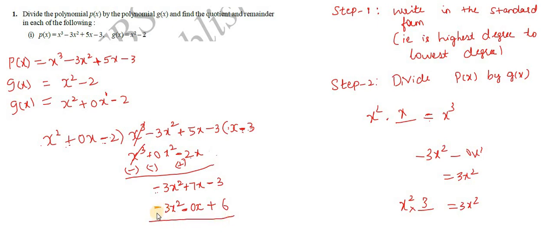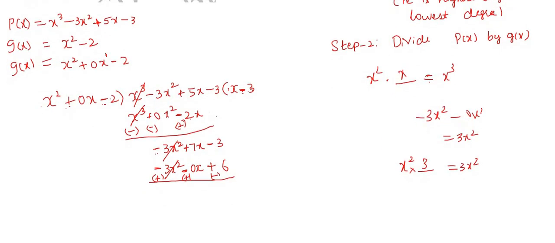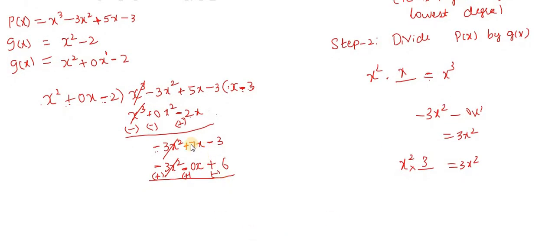So what you'll get here: minus is there, change it to the plus, and here plus is there, change it to the minus. So plus 3x square minus 3x square get cancelled. Then what remains? 7x plus 0x, it is nothing but 7x, and minus 3 minus 6. So it is minus 9.